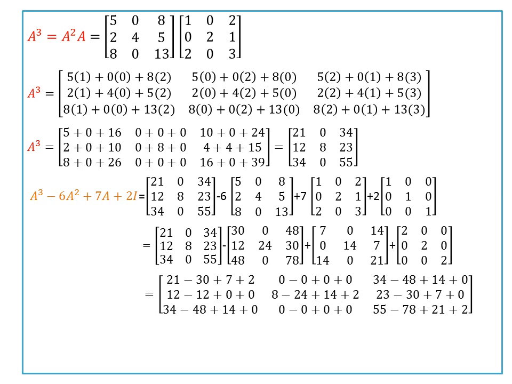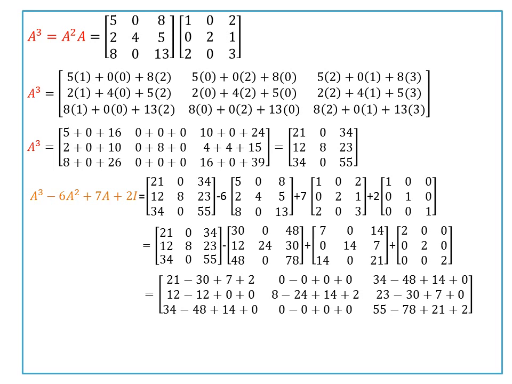Next, we can simplify the matrix: 21 minus 30 plus 7 plus 2. This is for the first position elements. For the second position elements, 0 minus 0 plus 0 plus 0.